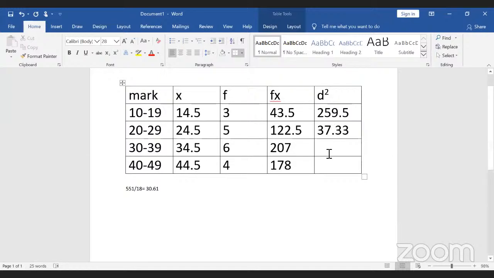Then we go to the next row. In the next row, we have our mark as 34.5. And remember the question is how far away from the mean is that mark? So how far away from 30.61 is 34.5? 3.89.